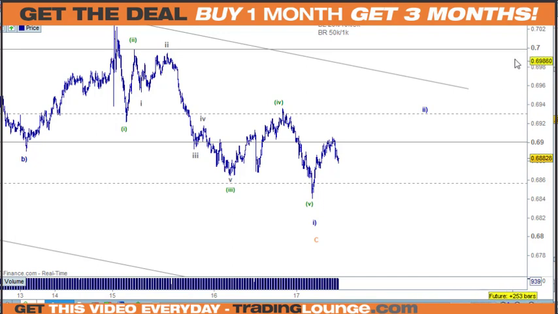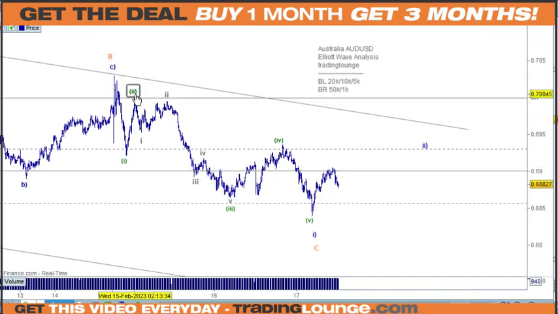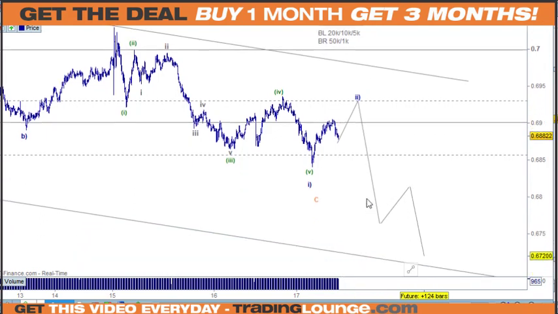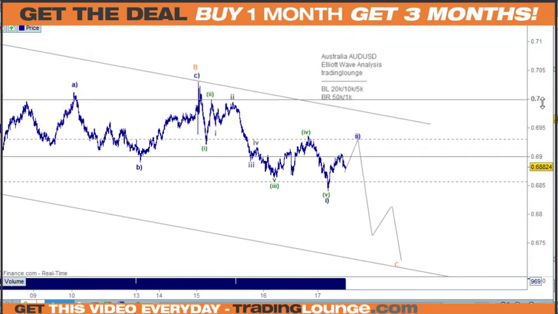But from that point here, we've got 1, 2, 3, 4, 5, so that's all pretty clean. So we can have wave 1 here, go back for wave 2 here, and then go down for wave 3, 4, and 5, which should probably be about right. So something like that. So the reverse of this is wave 2 pulling back.